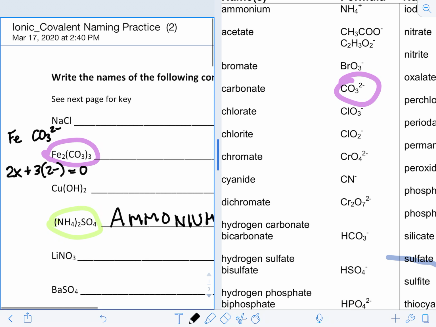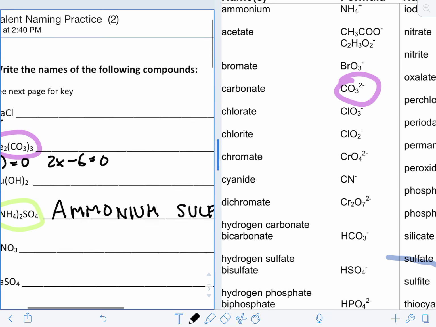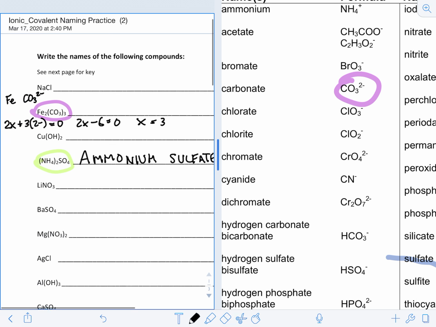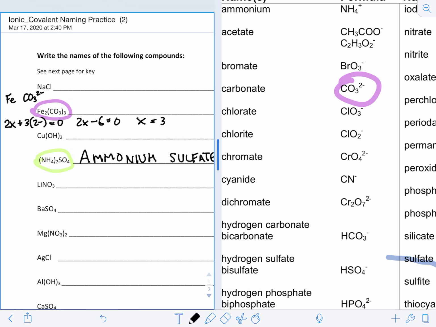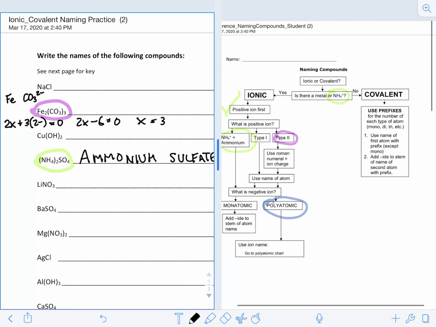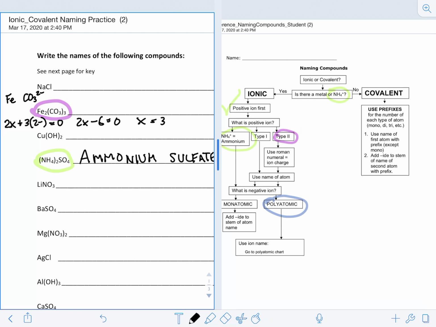So when I solve the algebra, I'm left with 2x minus 6 equals 0, and when I solve for x, I get 3. So the charge on iron is going to be a positive 3. Notice I want to use a Roman numeral for the ion charge.